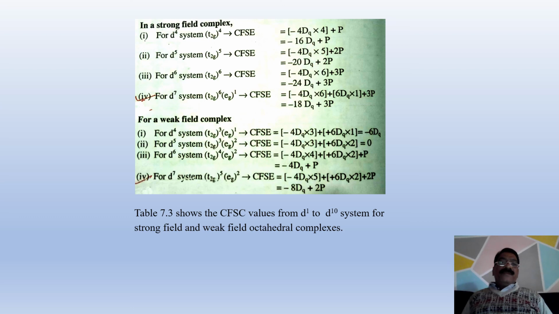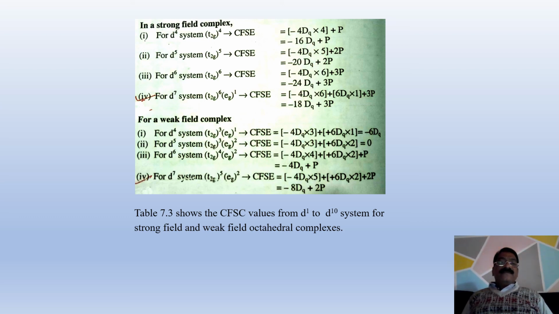And for the weak field complexes, d4 system, the electron configuration is t2g3 eg1, CFSE is minus 6 Dq. D5 system, t2g3 eg2, CFSE is 0.